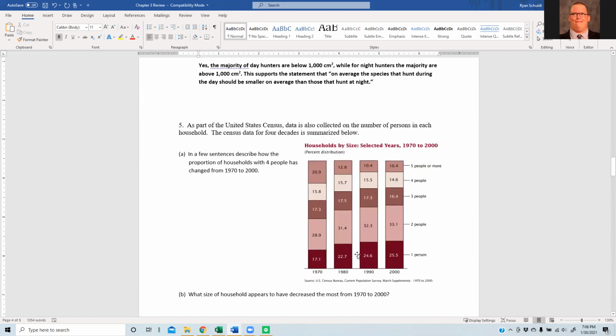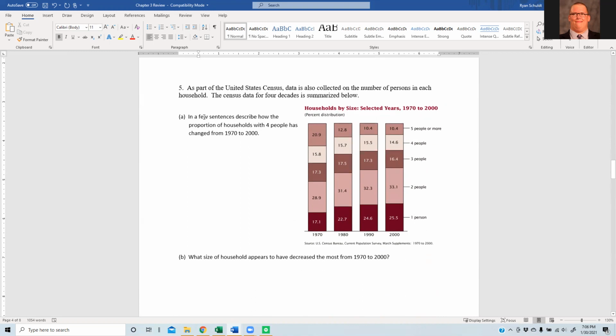What do we notice? So this is households by size. Okay, let's see what it asks. In a few sentences, describe how the proportion of households with 4 people has changed from 1970 to 2000.